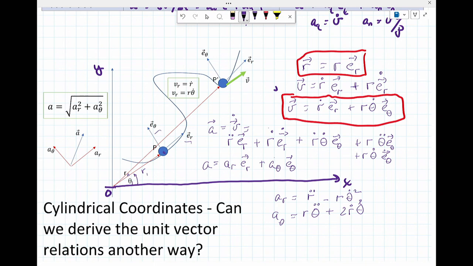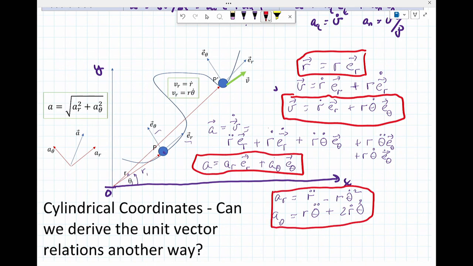And I really need these forms. A very common error, if you do not make sure to keep this referenced and squared away, is to assume either that acceleration r is r double dot or acceleration theta is theta double dot.